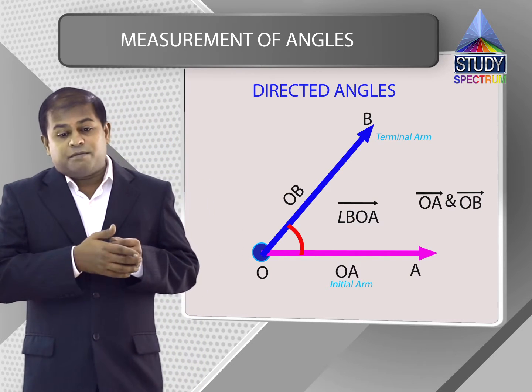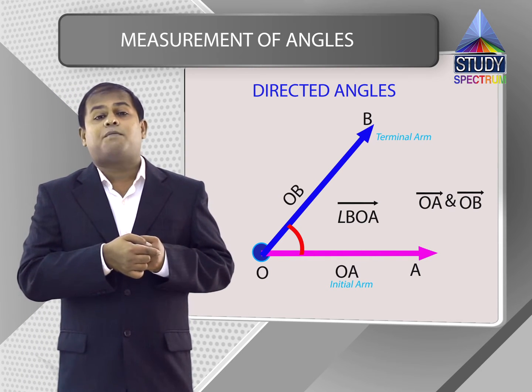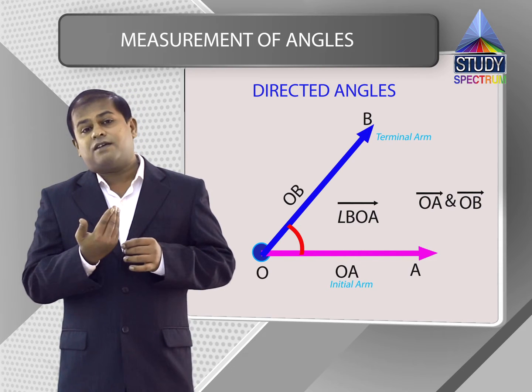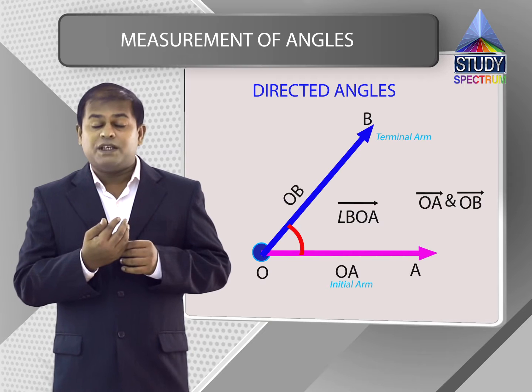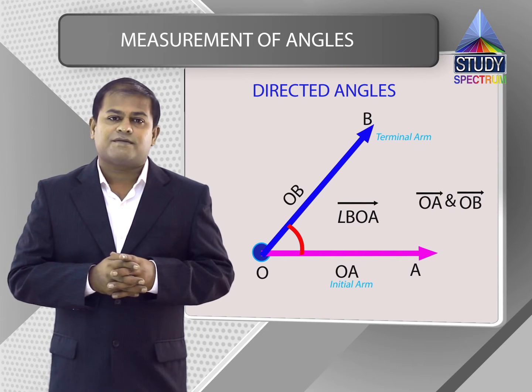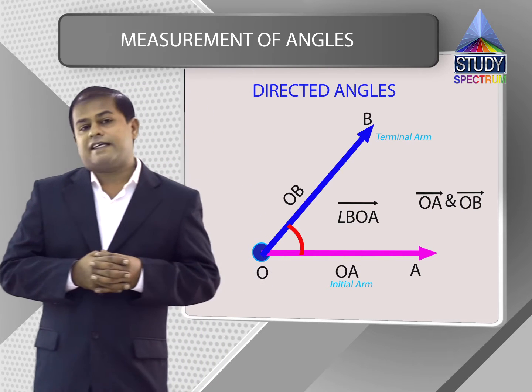So though their measures are equal, they have opposite directions. AOB was directed from OA to OB, whereas BOA is directed from OB to OA. I hope you have got the concept of directed angles.